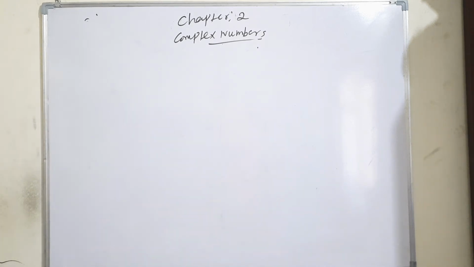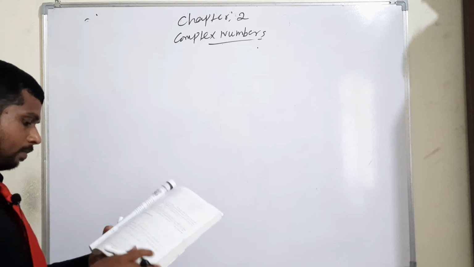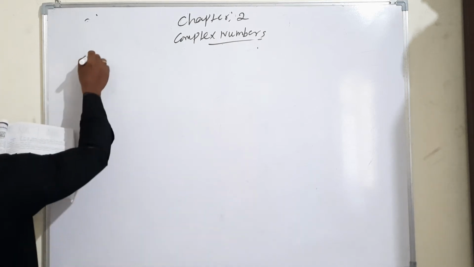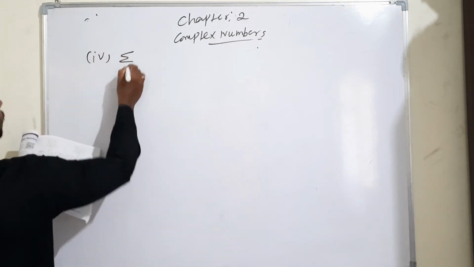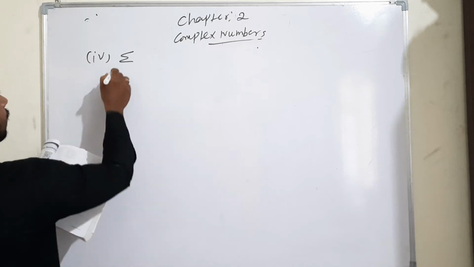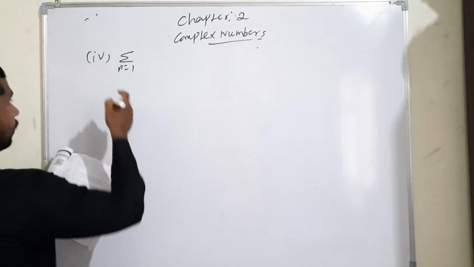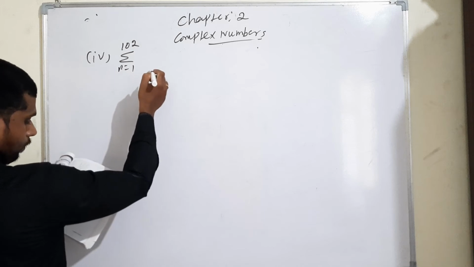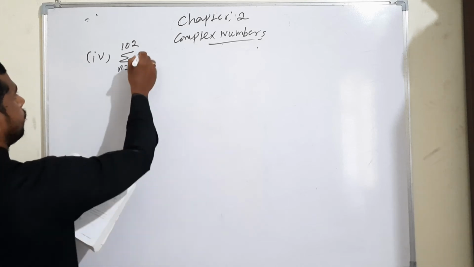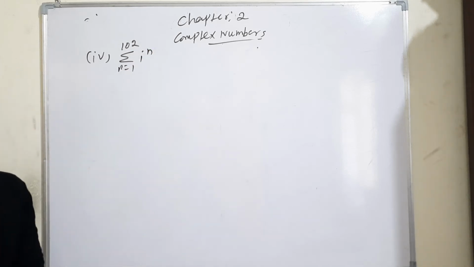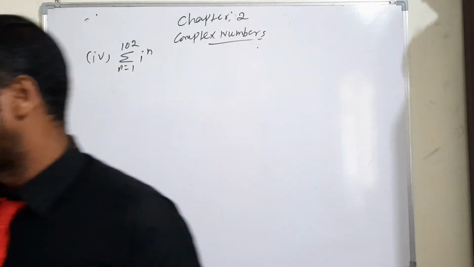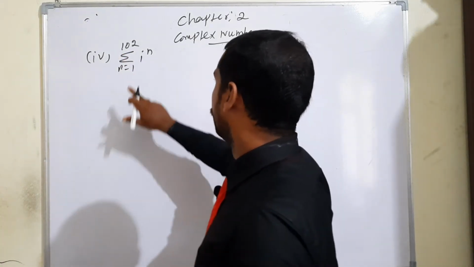What is the question in subdivision 4? Summation of n equal to 1 to 102, i to the power n. So summation means total number of values. It will be up to 1 to 102.